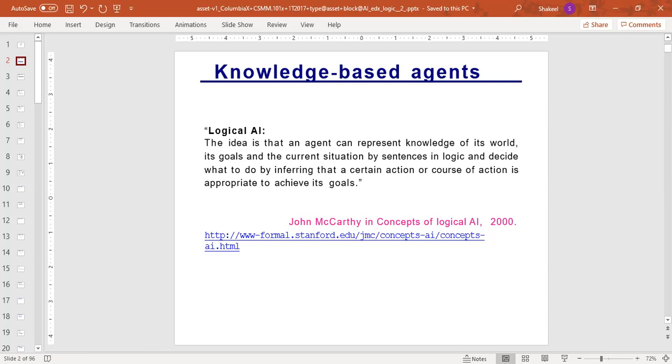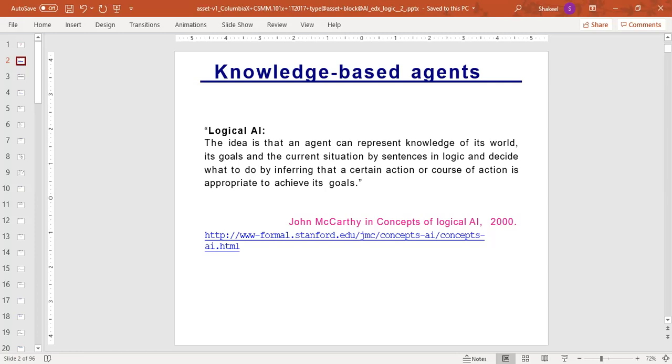So we have some sentences in logic of the world, of the actions, of the percepts, and also some inference about what to do based on the observations and the current situation of the world.